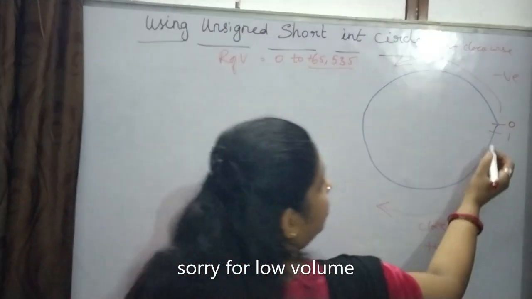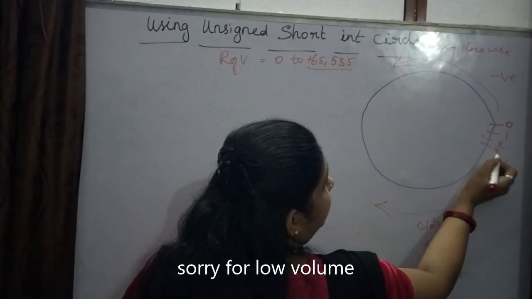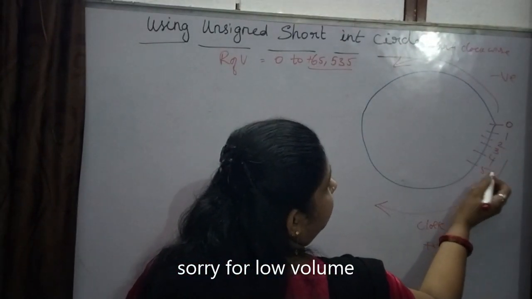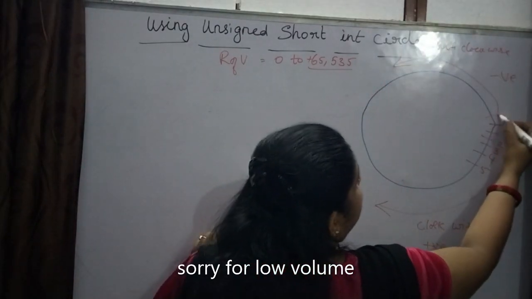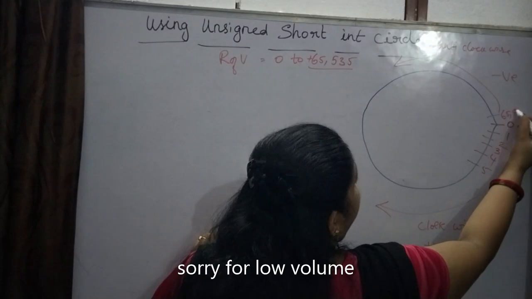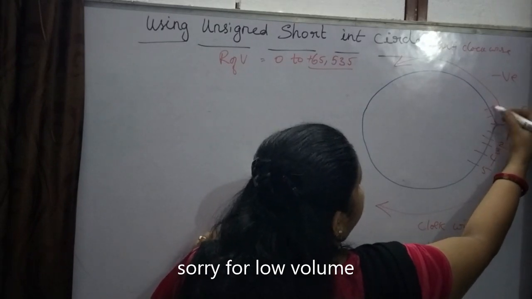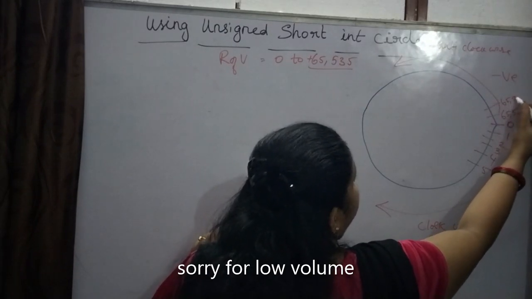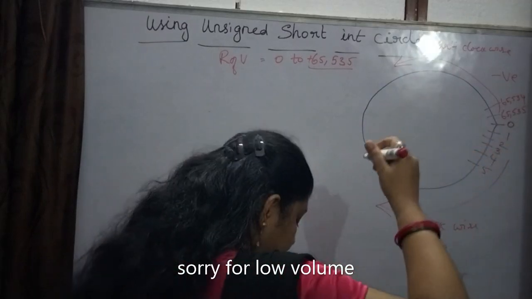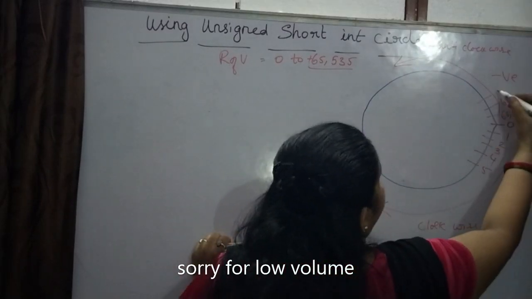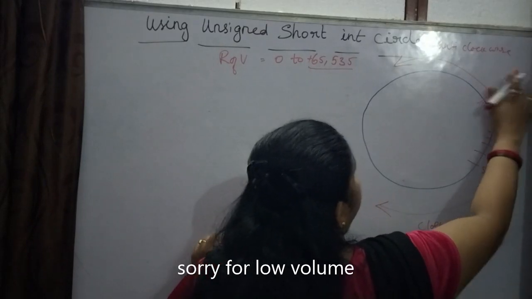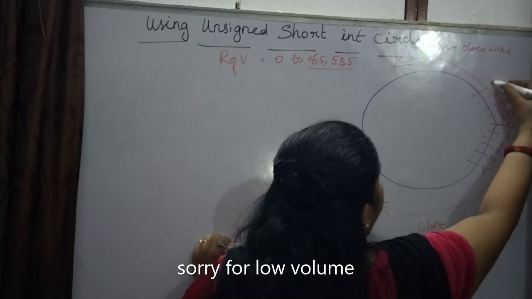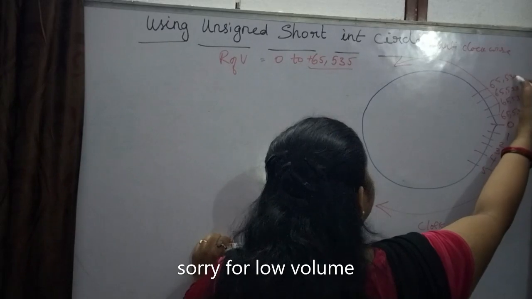Now 2, 3, 4, 5, like this it comes around to 65,535, 65,534, 65,533, 65,532.